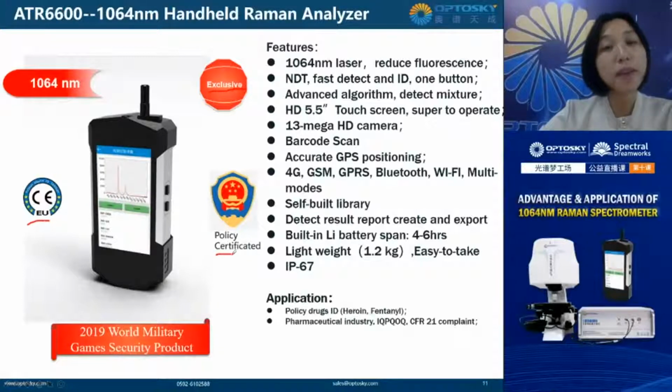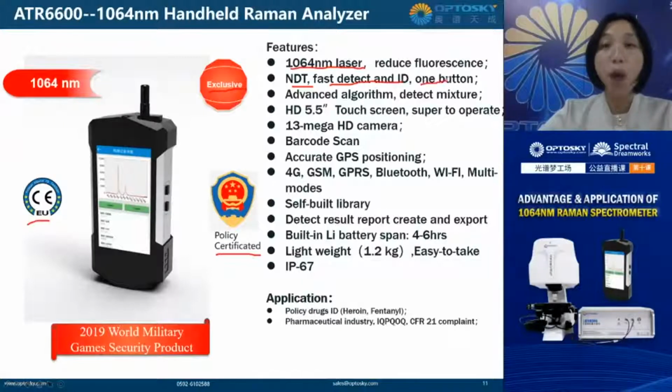We are the only manufacturer to receive the policy certificate, and also we have a 1019 war military gun certificate. Our feature is that it uses the 1064 nanometers laser. It can reduce fluorescence, it's non-destructive, and it can detect and identify quickly.